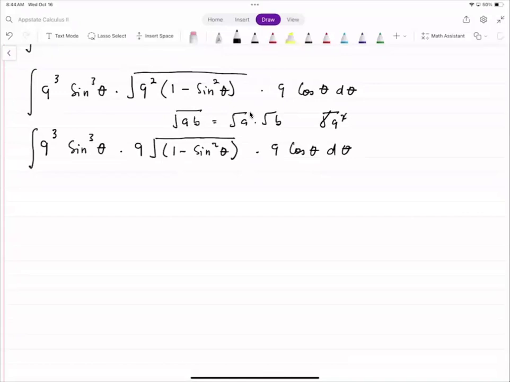Now we can see this is 9 squared times 9 times 9. You agree it's going to give you 9 to the power 5. Do you all agree with that? This is 9 cubed times 9 times 9, it's 9 to the power 5. And then the integral of sine cubed theta times, we remember we can represent the whole of this with what?